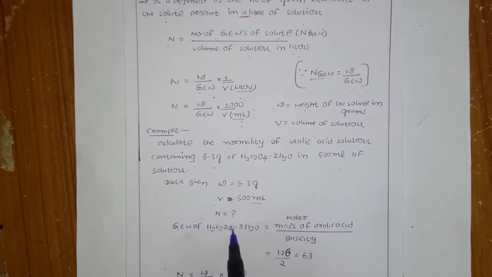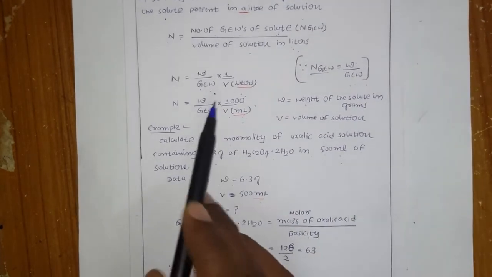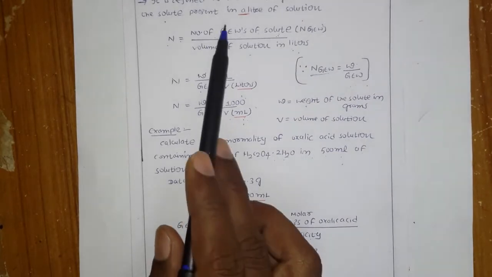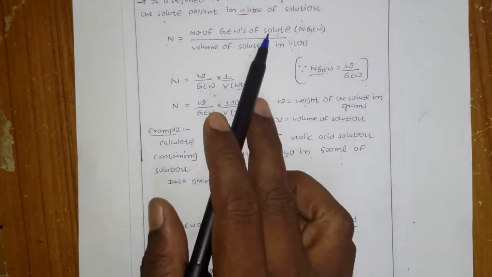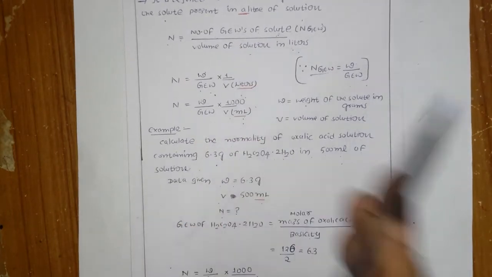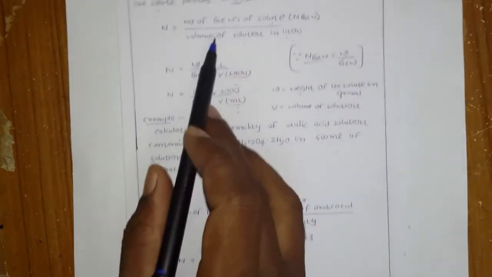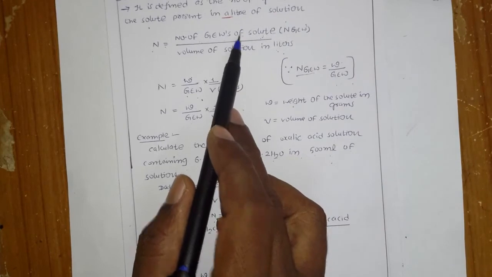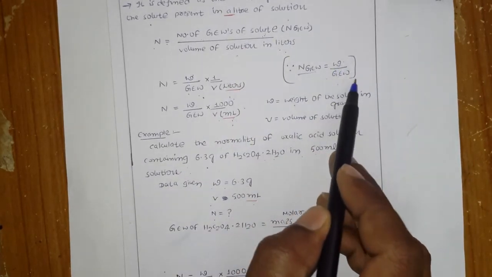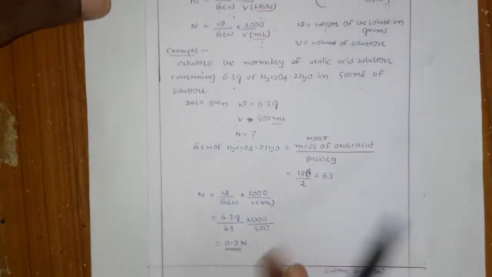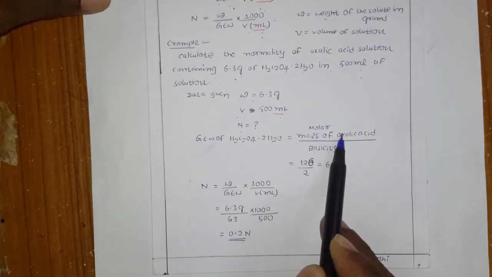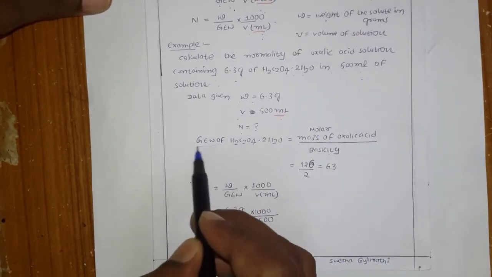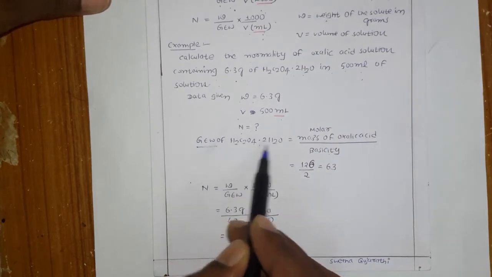So for that, what is the principle? Normality is the number of gram equivalent weights of solute divided by the volume of the solution. And how do we find the number of gram equivalent weights? That is nothing but the mass by gram equivalent weight. What is the mass? The mass is 6.3 grams. But what is the gram equivalent weight for oxalic acid?